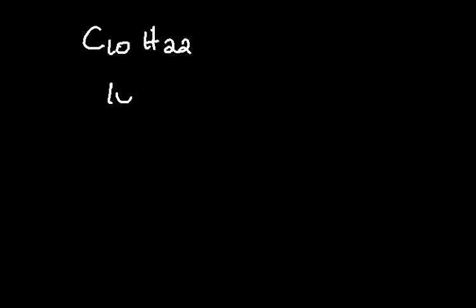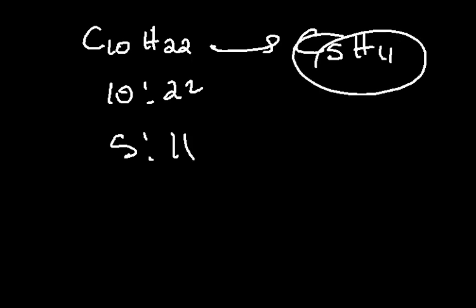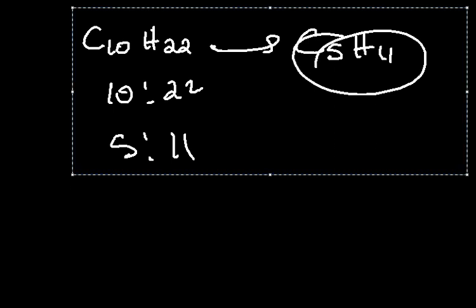We have 10 to 22. Now what is the simplest ratio for this? It should be C5H11, with the simplest ratio of 5 to 11. This is the empirical formula of this particular compound.